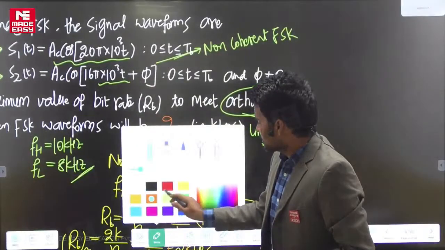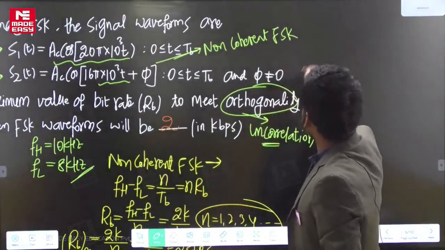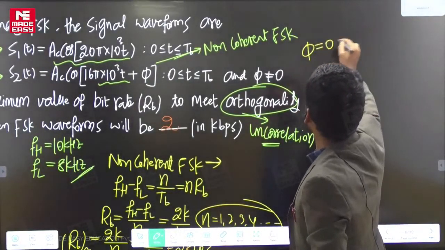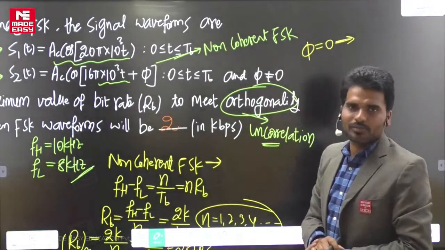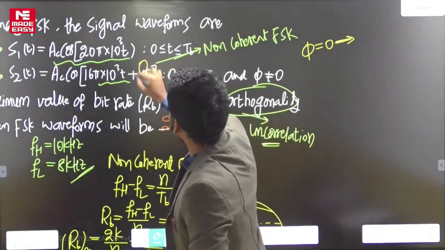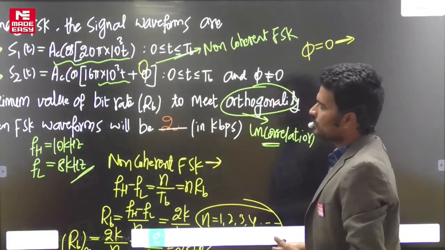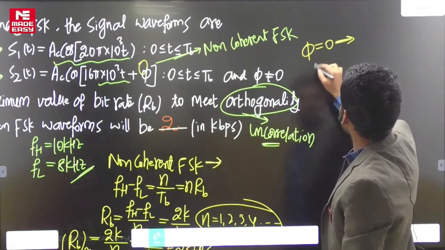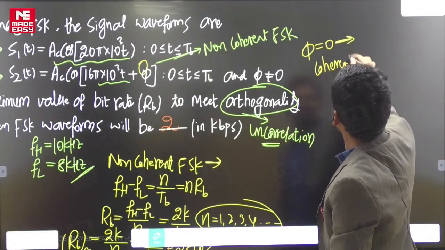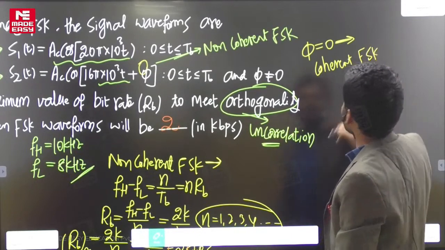if the question is the same, but if phi is 0, what does phi 0 mean here? There is no phase shift between FSK waveforms. If there is no phase shift between FSK waveforms, this FSK is called coherent FSK.